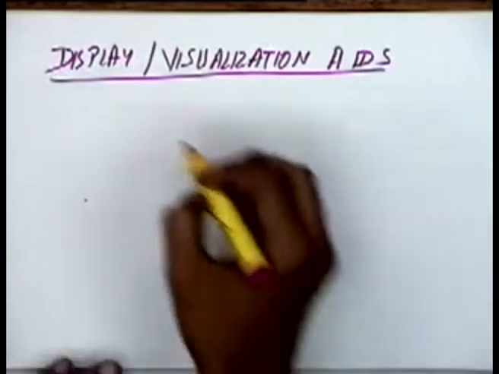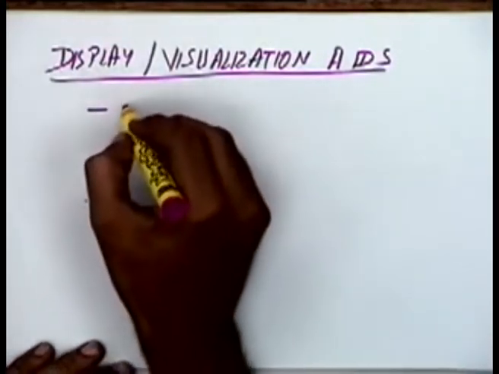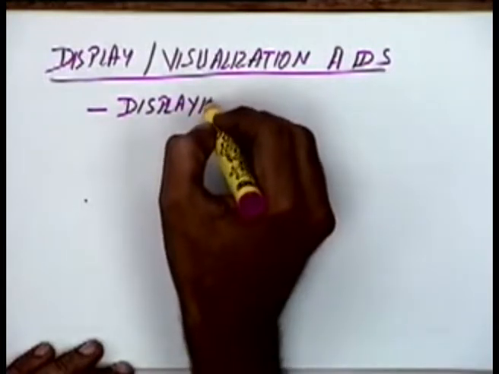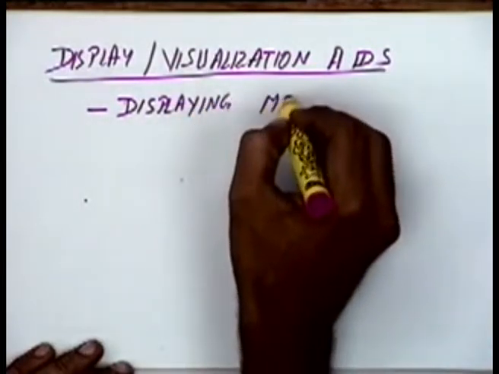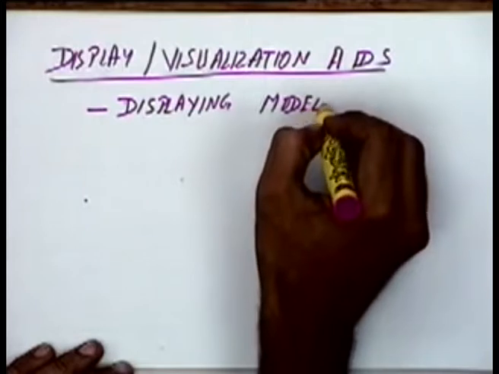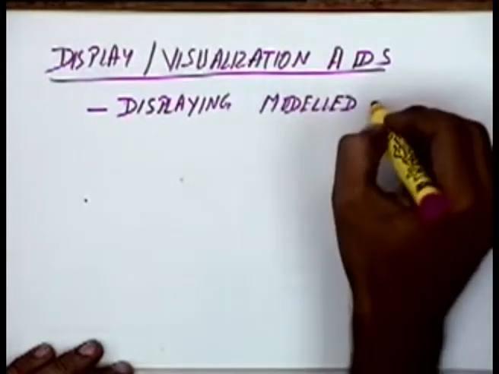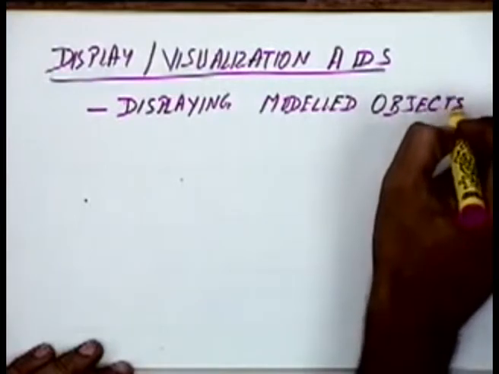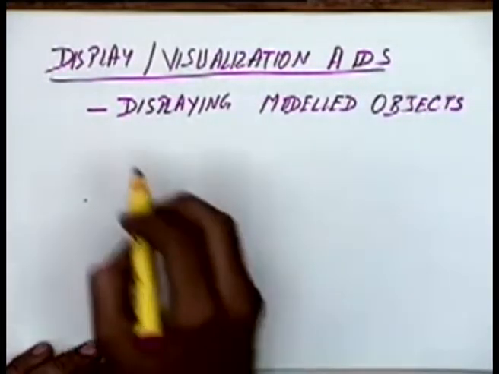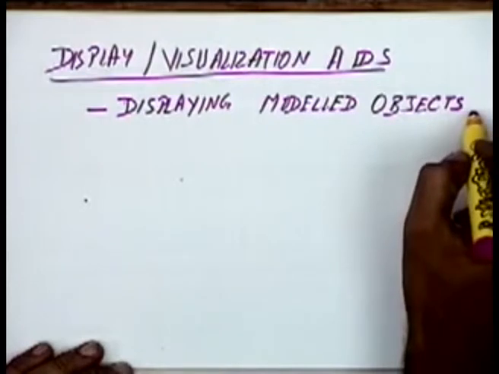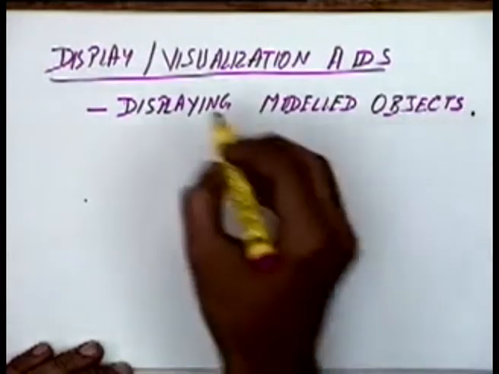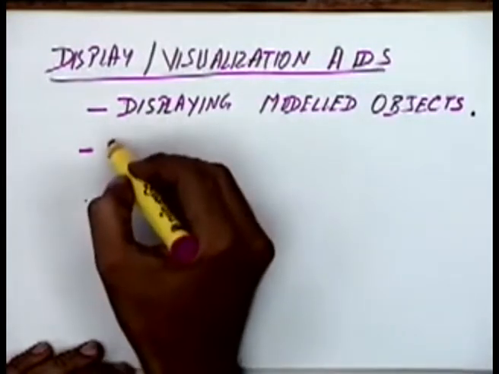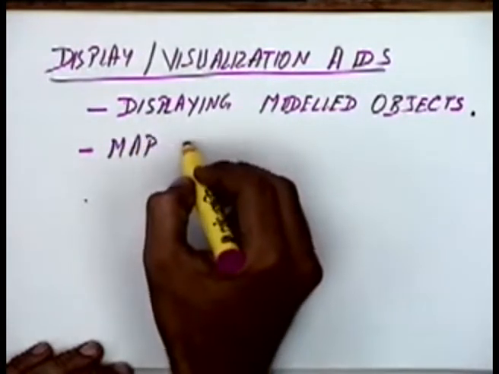When you are talking of display, we are talking of displaying model objects. When we talk of displaying the model objects, what we basically want to do is map this object onto screen coordinates.